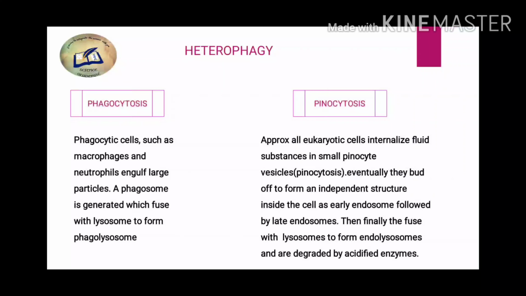By rapid division they increase in number, so by pinocytosis they bud off inside and form a structure which matures to form early endosomes, which further differentiate and mature to form the late endosome. Now the process is similar to what happens with phagosomes. They fuse with the lysosome. Here also these endosomes fuse with the lysosome to form the endolysosome, and then they are degraded by the hydrolytic enzymes. So the end process is the same in both cases. We will see it in the diagram.